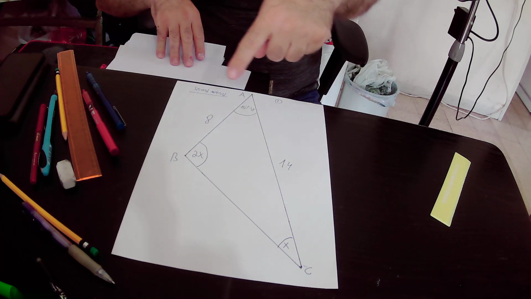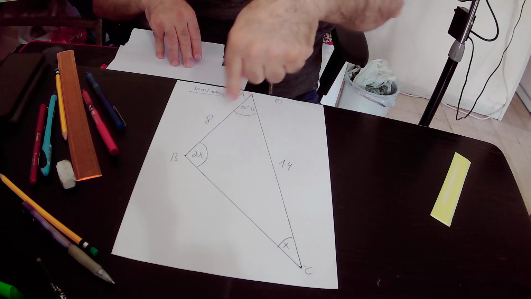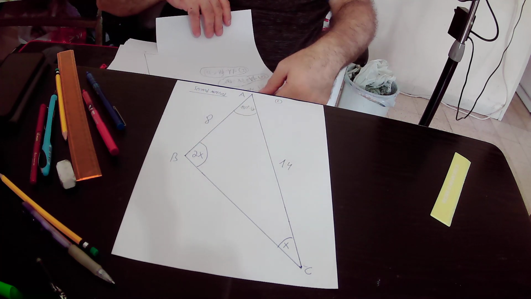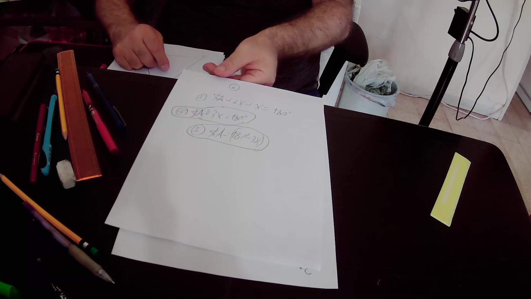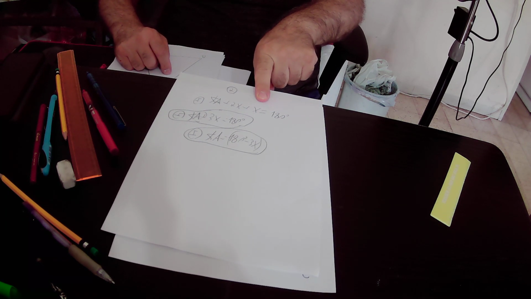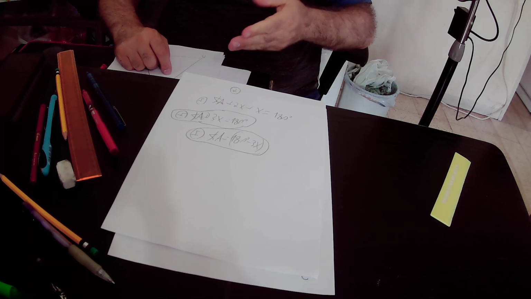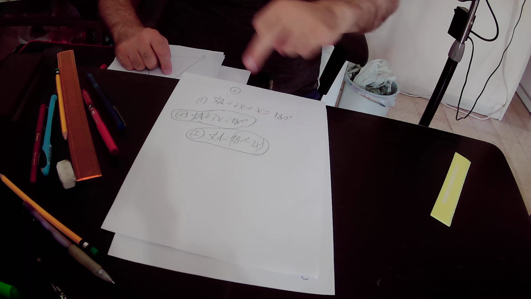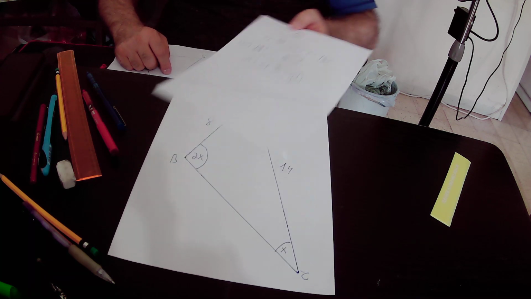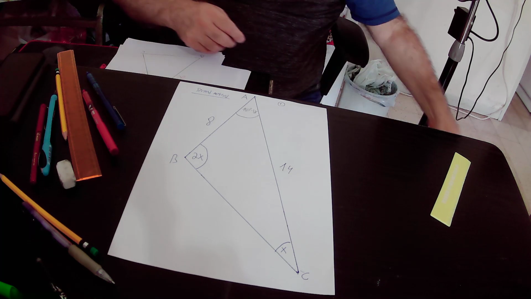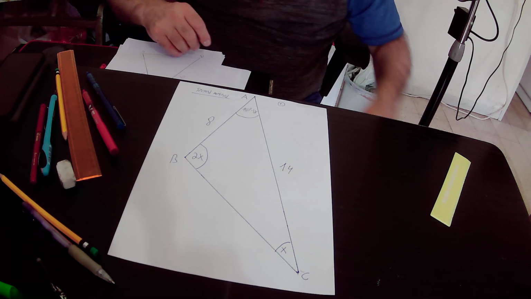So angle A plus angle C plus angle A plus angle B plus angle C equals 180 degrees. Angle A plus angle B, that is 2x, plus angle C equals 180 degrees. So we found out that angle A equals 180 degrees minus 3x.